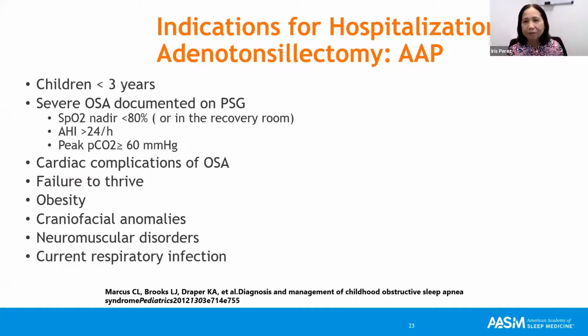The American Academy of Pediatrics has broader criteria for admission, in addition to age less than 3 years and the severity of the OSA. Children with cardiac complications of OSA, such as pulmonary hypertension, those with failure to thrive, those with obesity, craniofacial anomalies, neuromuscular disorders, or intercurrent respiratory infections need to be admitted for inpatient monitoring.